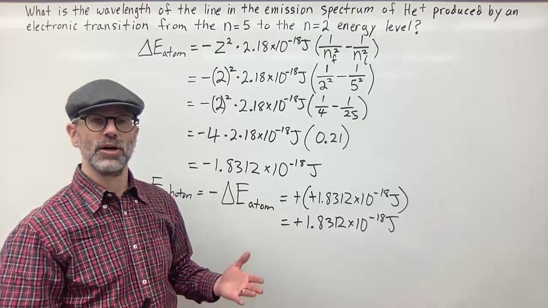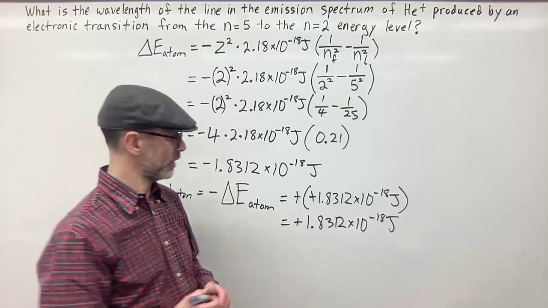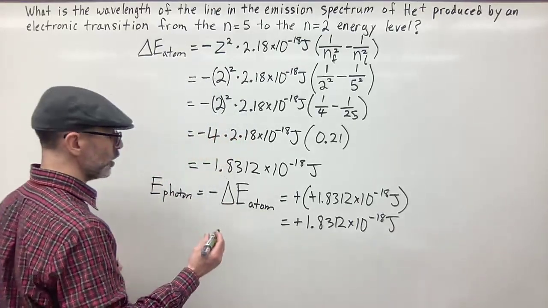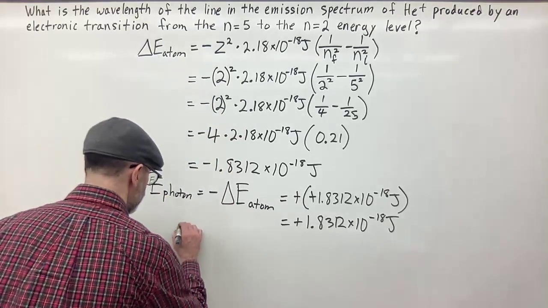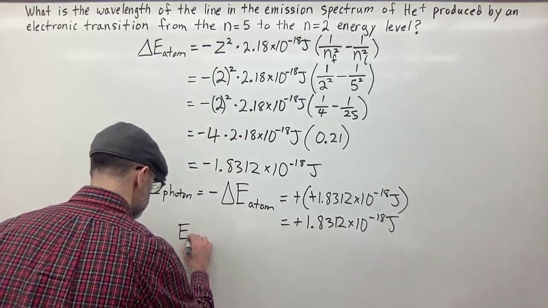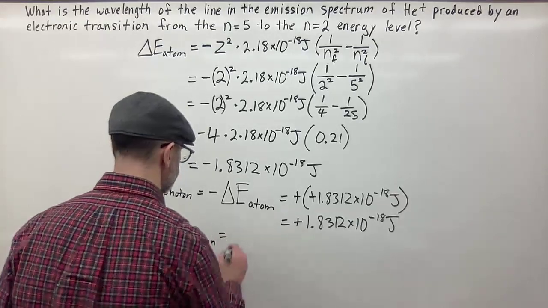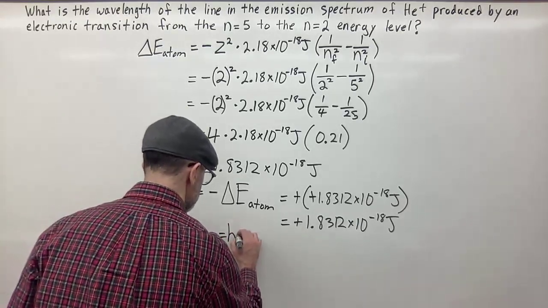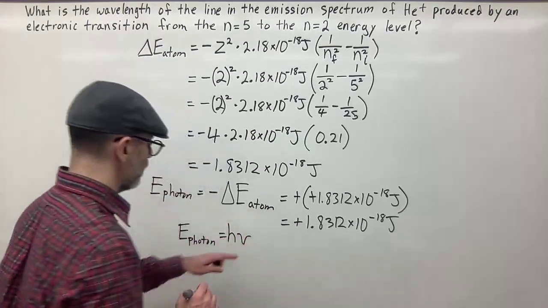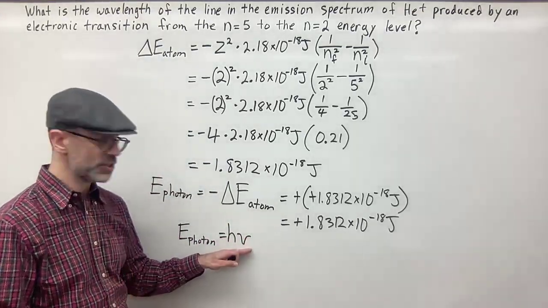Now we just need to figure out what the wavelength is. We're going to use the energy of the photon is equal to Planck's constant multiplied by nu, which is the frequency.